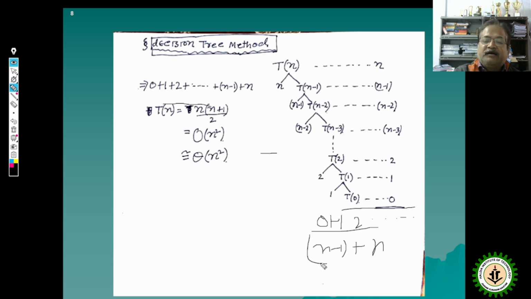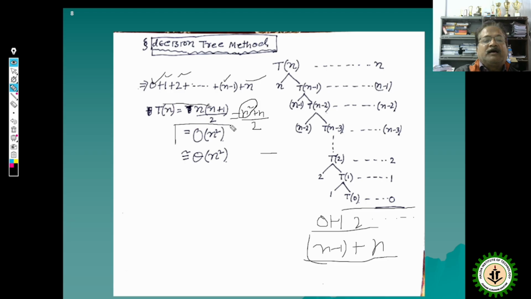I think you can guess, this is completely a series. So what we have? 0, 1, 2, n minus 1, n. This is actually a sum of the natural numbers, n into n plus 1 divided by 2. So here if we calculate, n square plus n divided by 2, we will take the maximum value what we have got, n square.